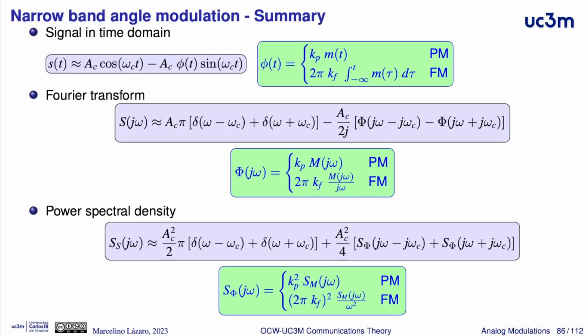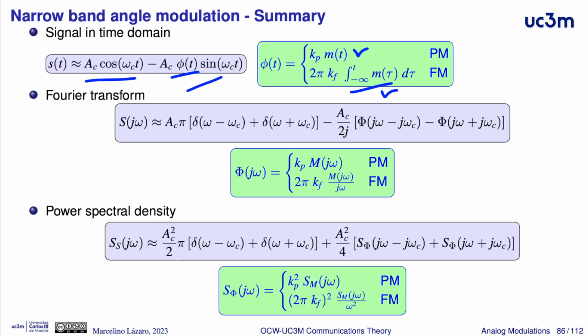As a summary, given the similarity with the amplitude modulation, it is relatively simple to analyze the spectrum of a narrowband angle modulation. We have a carrier minus, in this case, something where we have the modulating signal, or the integral of the modulating signal for phase or frequency modulation, times a sine.